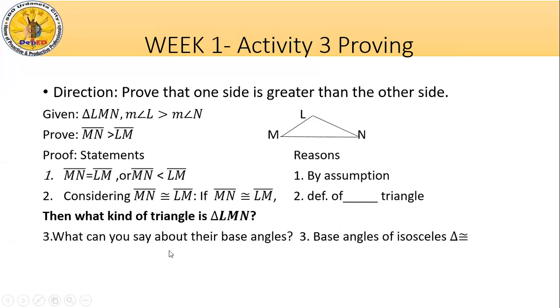For number 3, ang clue nyo, ano yung base angles kapag si MN, o you try to draw sa scratch, si meron kayong triangle LMN, ang magkapantay ay si MN at si LN. LM o ano yung magkapantay na sides. Ano ngayon yung magiging base angles niya? Yun yung sagot sa number 3.